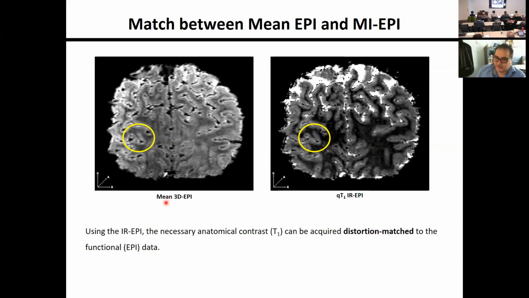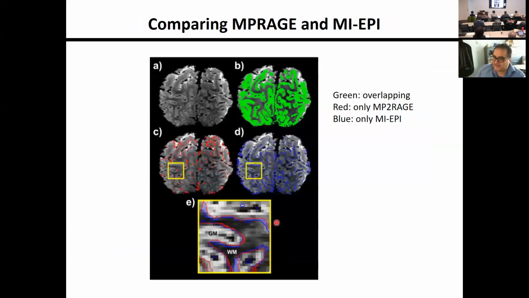So it's very difficult to actually evaluate whether this has worked or not, even though the arguments and the visual inspection speak for it. So what we did is we said, let's project the gray matter mask from MP2RAGE and from the distortion-matched anatomy back on the mean EPI. So this is the mean EPI image. In green is the gray matter mask which is identical from the MP2RAGE and the inversion recovery EPI.